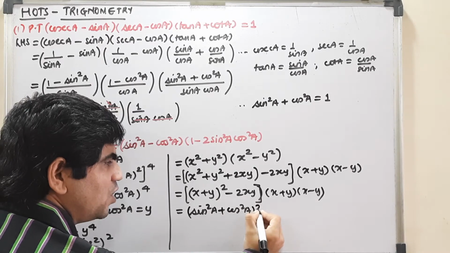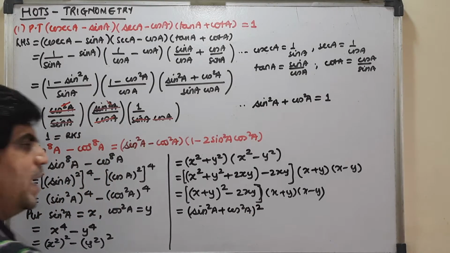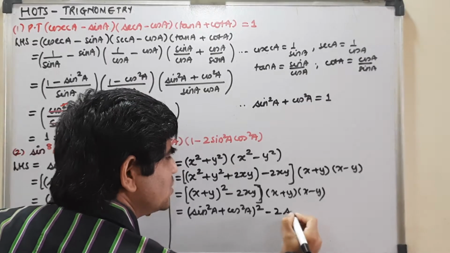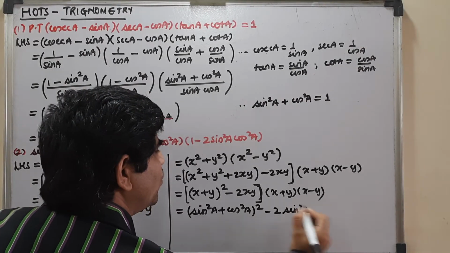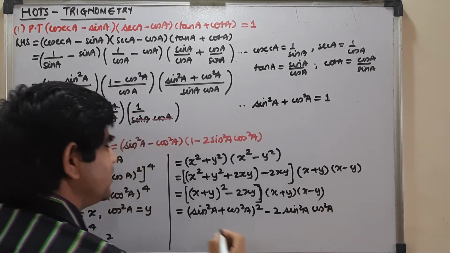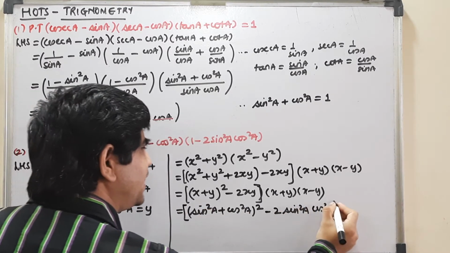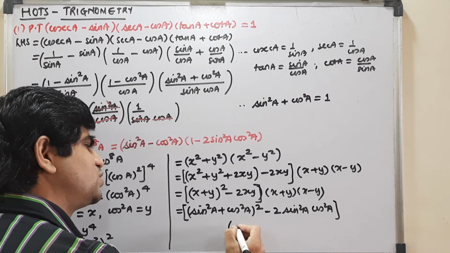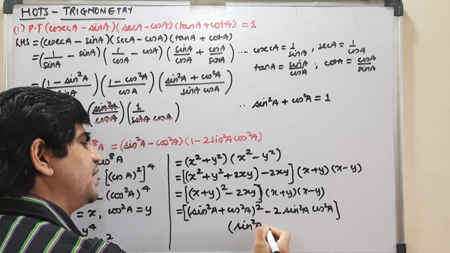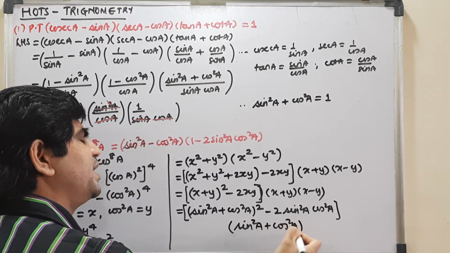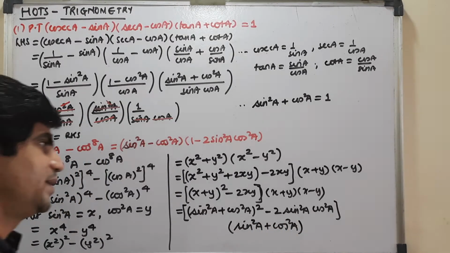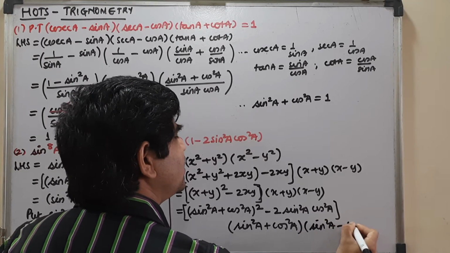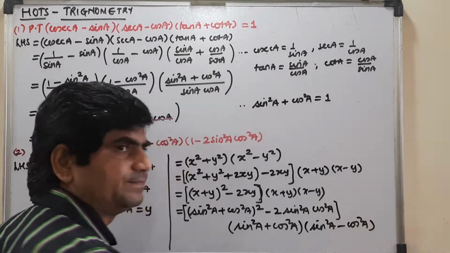Its whole square, minus 2 times x, which is sin square a, and y, which is cos square a. Closing the square bracket. And the second one here is x plus y, meaning sin square a plus cos square a. Agreed? And x minus y, that is sin square a minus cos square a.